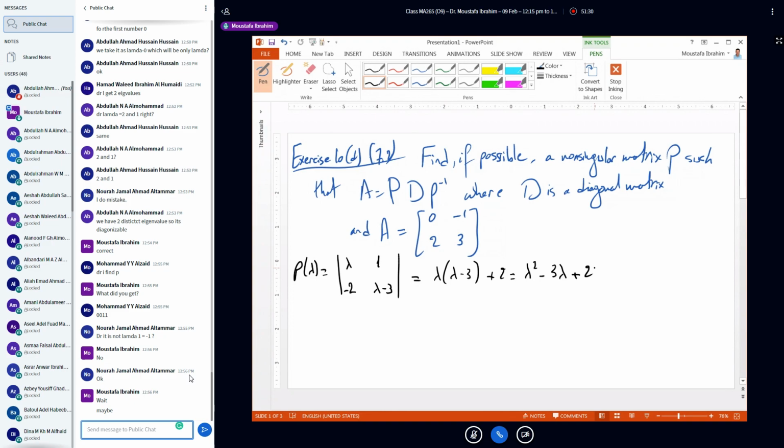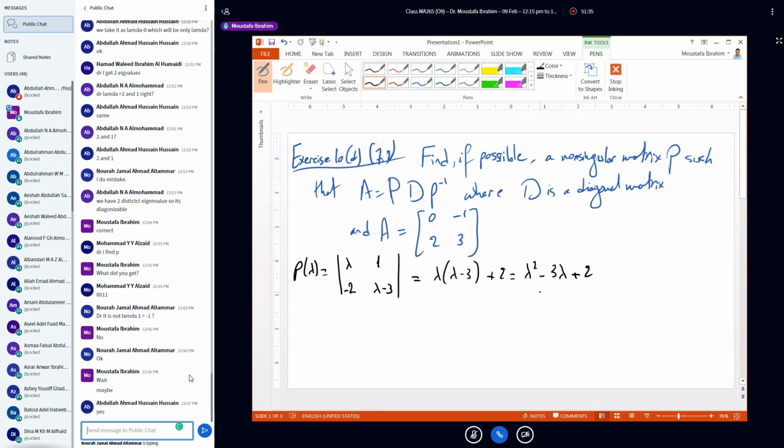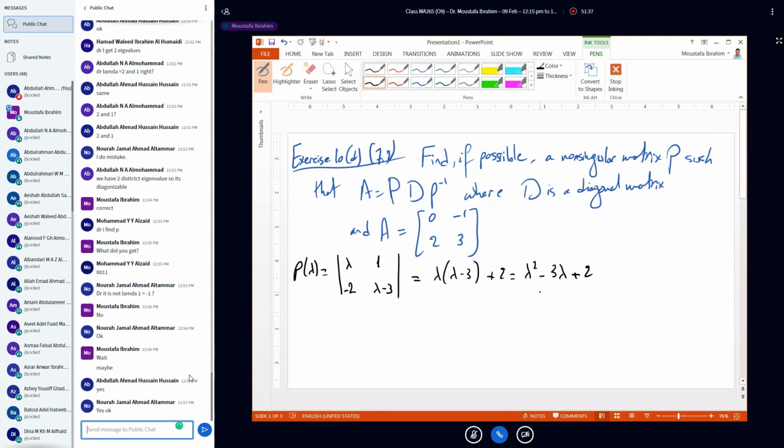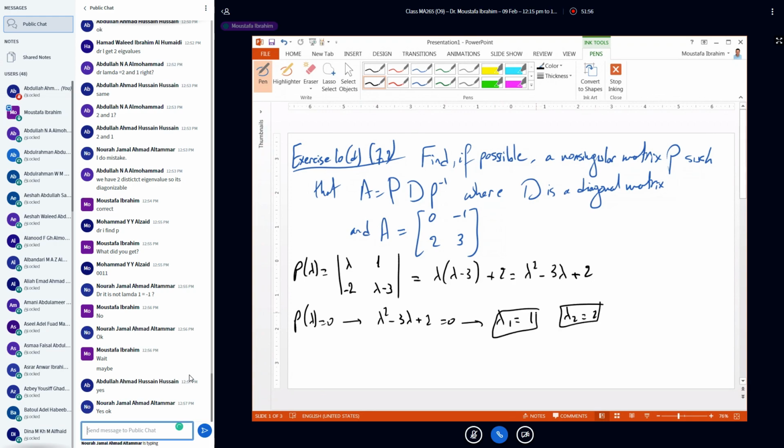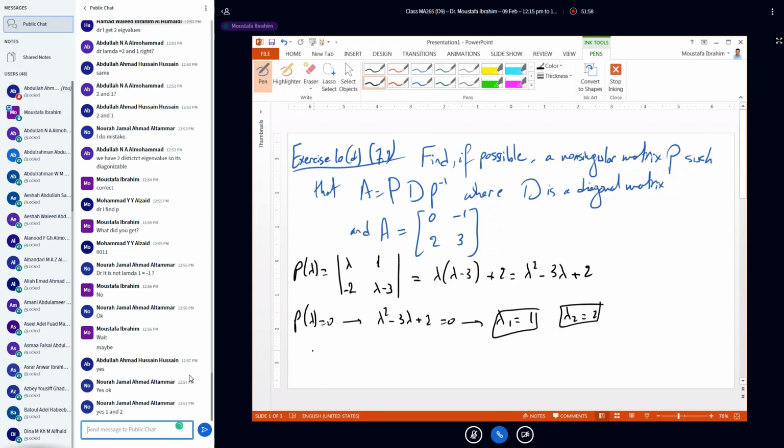You get this one, Nora? Maybe here you made a mistake. And now P(lambda) equals 0, lambda squared - 3 lambda + 2 equals 0. So lambda 1 equals 1, lambda 2 equals 2.